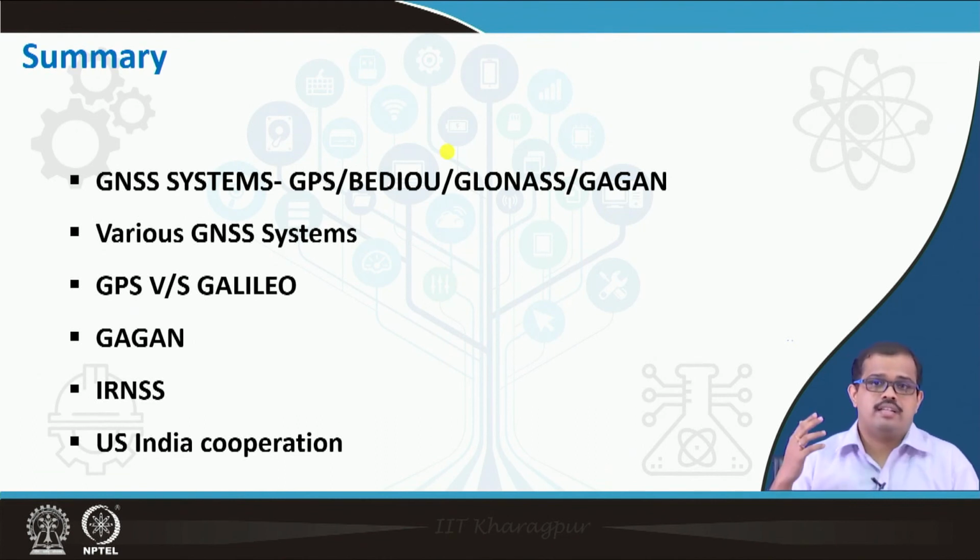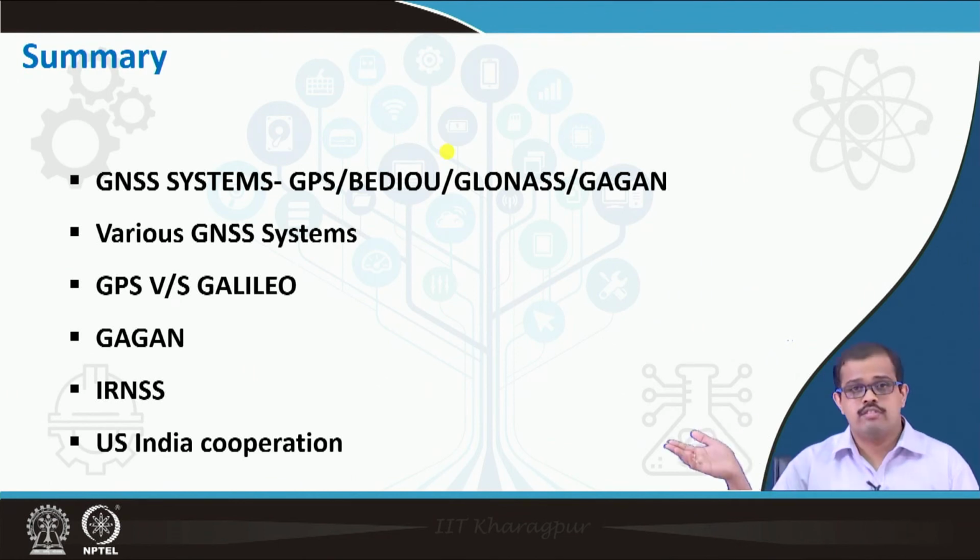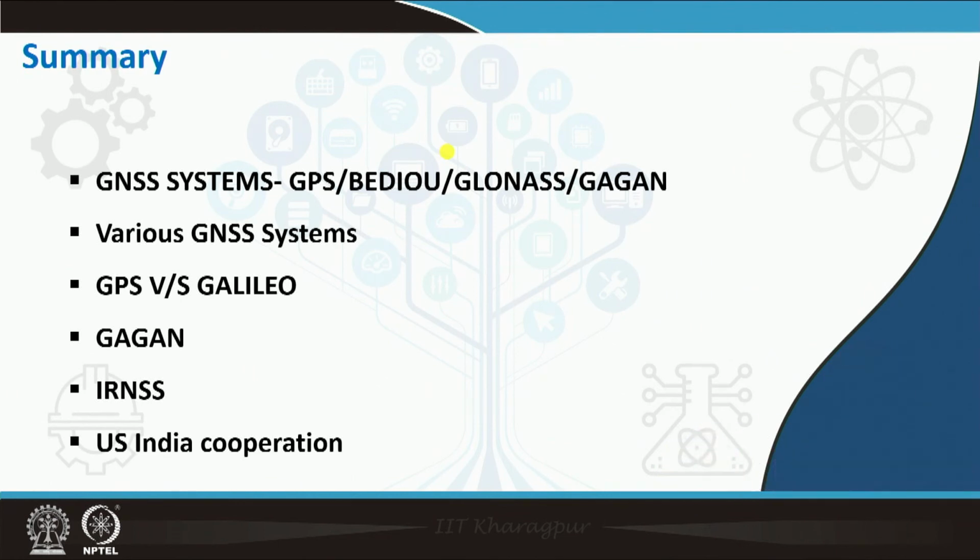As a summary to this class, we looked at the entire GNSS system, which included GPS, BDU or Compass. Then we looked at GLONASS, Galileo, Gagan, and IRNSS, and also at how their control segments and space segments are located. We looked at different system aspects in a positive and negative way.